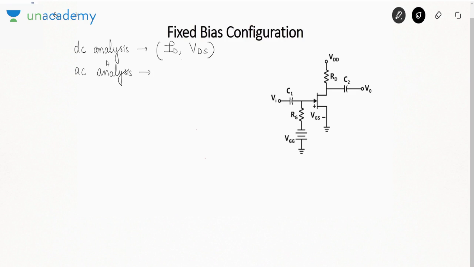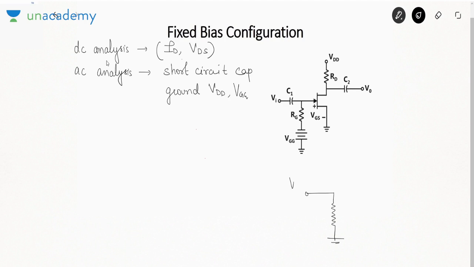Now in AC analysis, just like BJT, we will short circuit the capacitors. We are talking about midband, so all capacitors are short circuited, and we will ground the DC supply, which here is VDD. So now if you draw such a circuit where you short circuit the capacitor, you have to short circuit the DC supply VGG also.